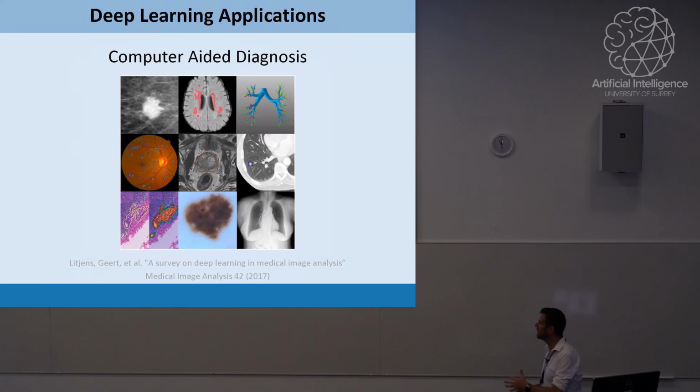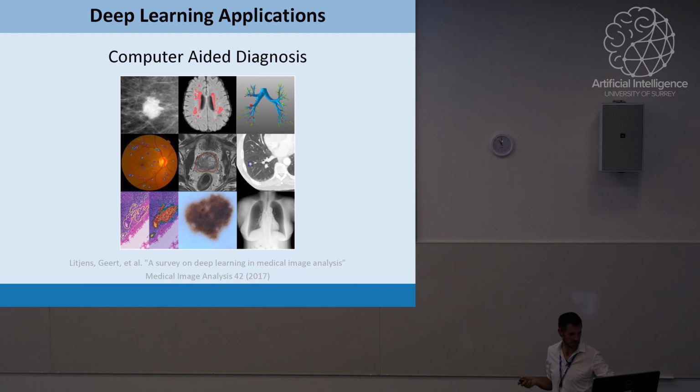So all of those different applications have fed into the healthcare world as well. I did have lots of labels. Let's see if I can remember any of these. So you've got mammographic mass classification. You've got segmentation of lesions in the brain. You've got leak detection in the airway trees. You've got diabetic retinopathy classification.